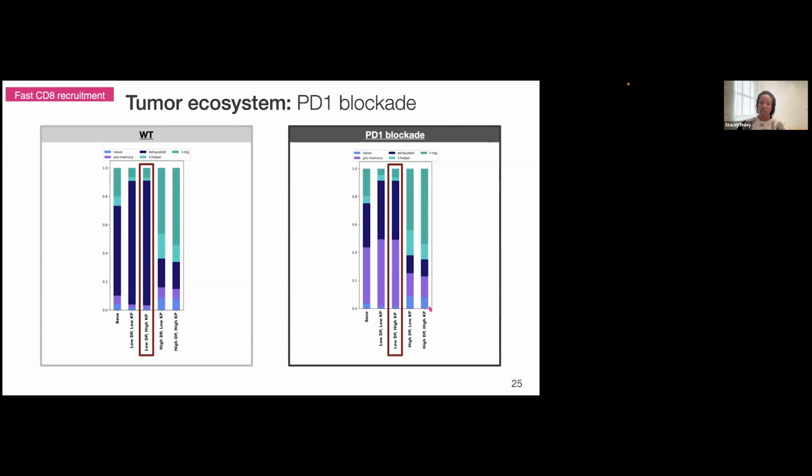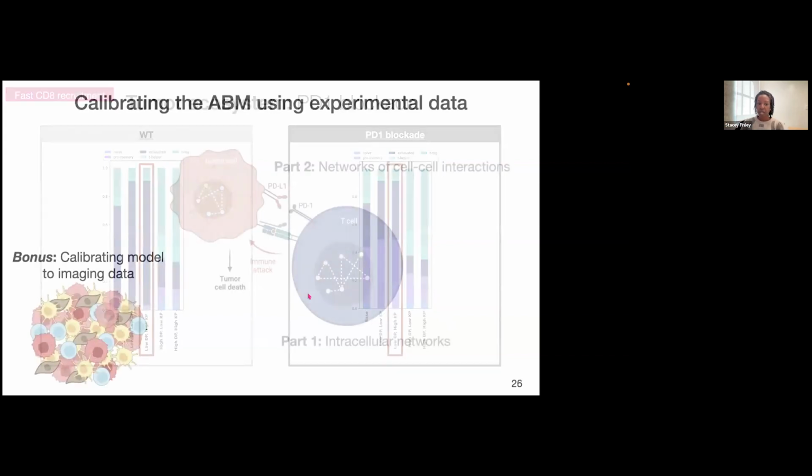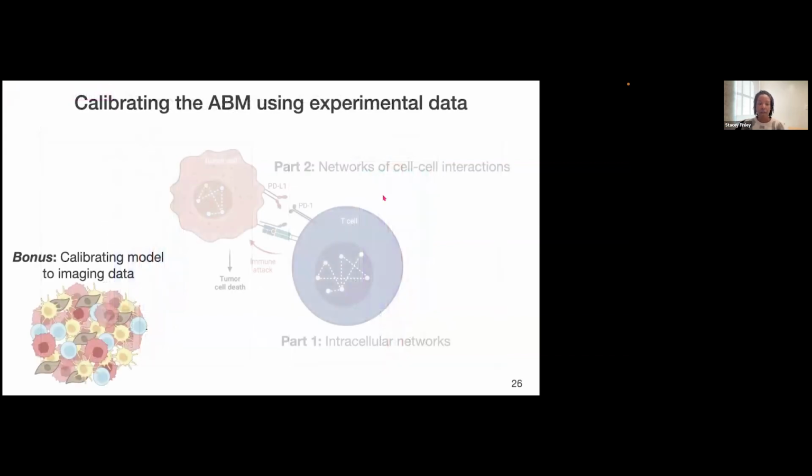So not only do we have this agent-based model that allows us to see how cells interact with one another and how that leads to tumor cell killing, we can also use the model to look at genetic alterations of T cells and how that influences the final composition of the T cell population, and go further and ask how that changes the propensity of killing of the tumor cells. So that wraps up this talk about the networks of cell-cell interactions.